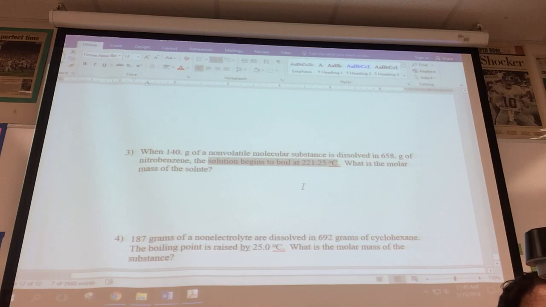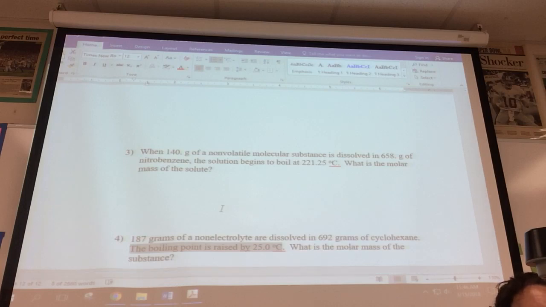So you'll work the first 2 steps ever so slightly differently. And the only other way they can try and trick you is actually by making it easier, but you might not recognize it as such. In number 4, it says the boiling point is raised by 25 degrees Celsius. So they're not giving you the boiling point of the solution.